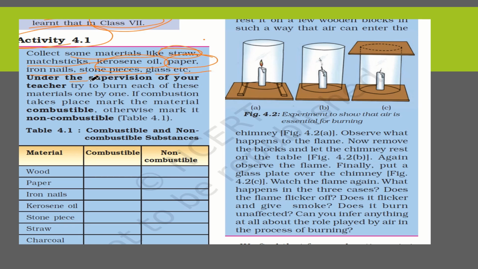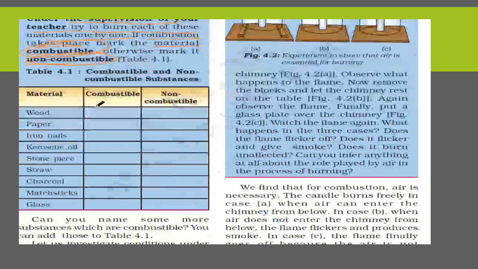So, under the supervision of your teacher, try to burn these materials one by one. If combustion takes place, these materials are marked as combustible. If not, they are called non-combustible. So, now this is the column. If it is combustible, you will put it under combustible. If not, you will put it under non-combustible. It is very easy.